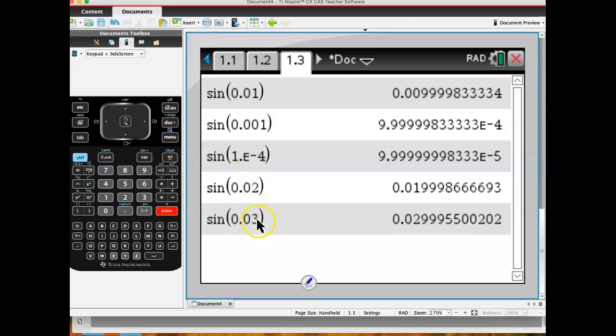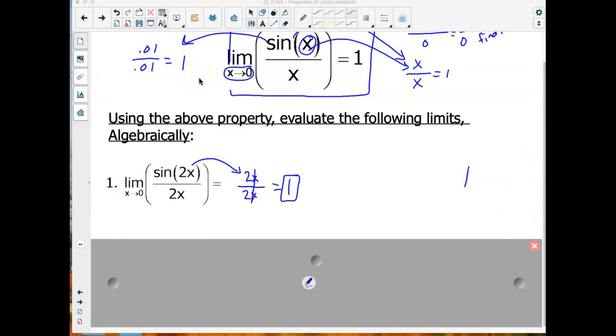So as I'm putting a very small number in for my x, close to 0, whatever tiny number that's there, the sine is going to basically output exactly what I put in. And it's going to end up equaling 1, okay?